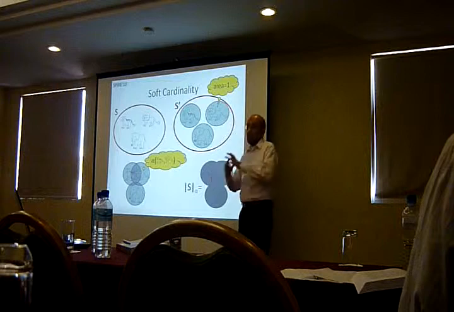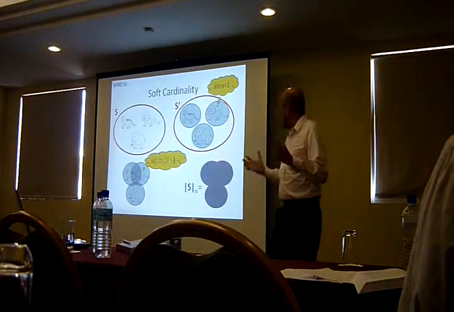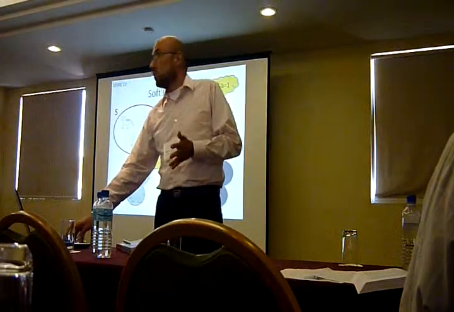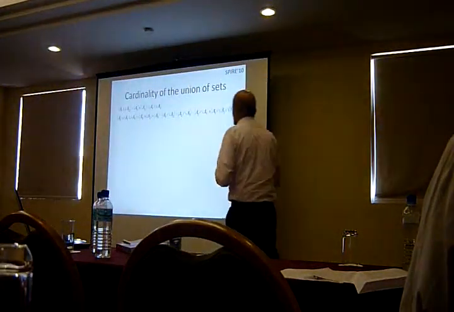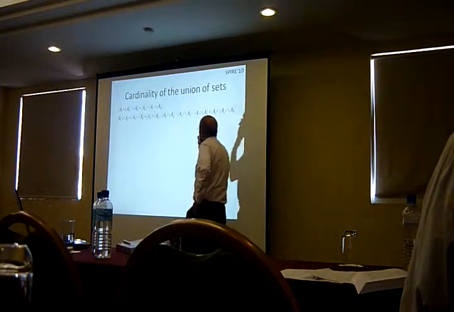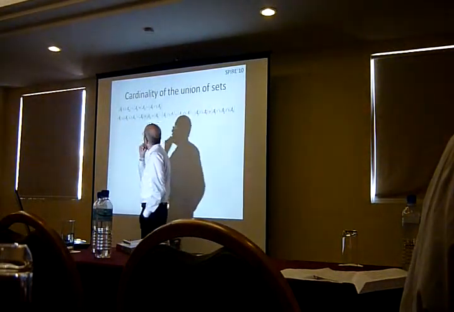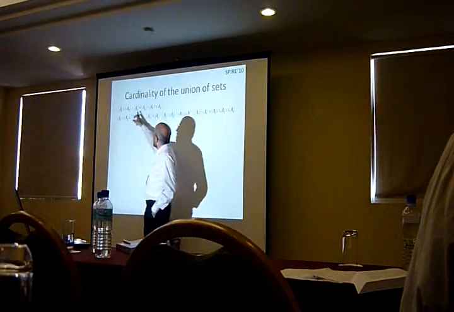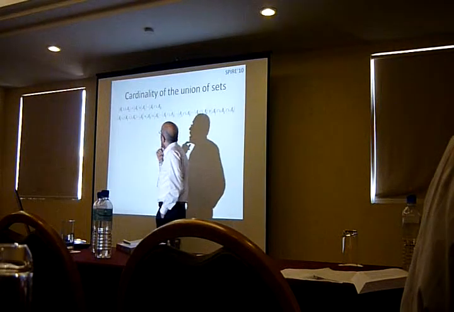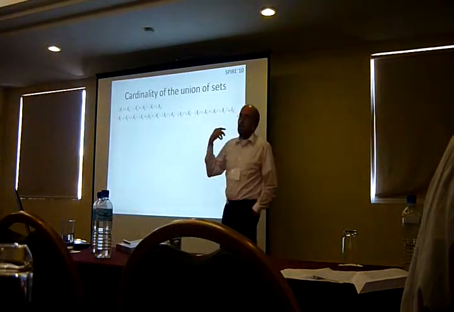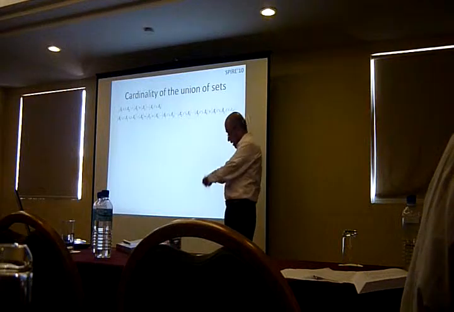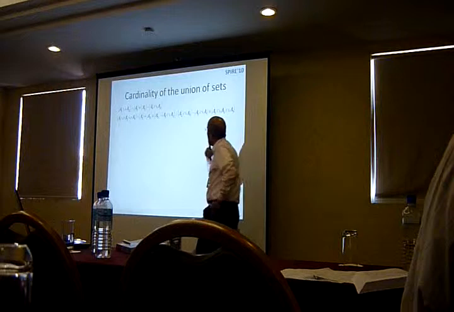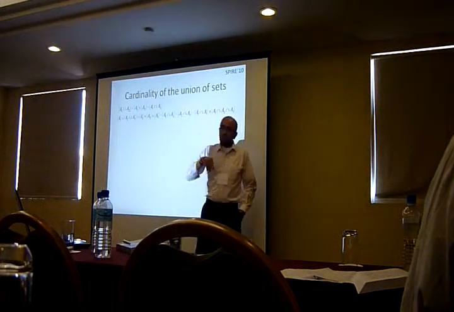Now the problem is how to compute the cardinality of a list of sets, knowing that there are some intersections between them. Well, also from elementary school, we know that the cardinality of the union of two sets can be obtained easily by adding the cardinality of the individual sets and subtracting the intersection.